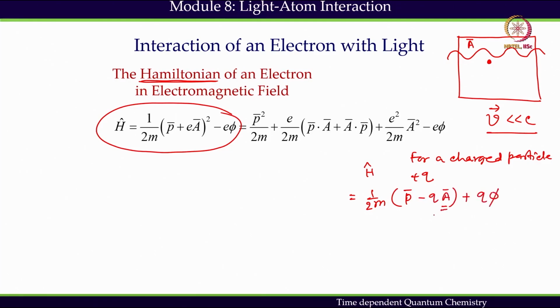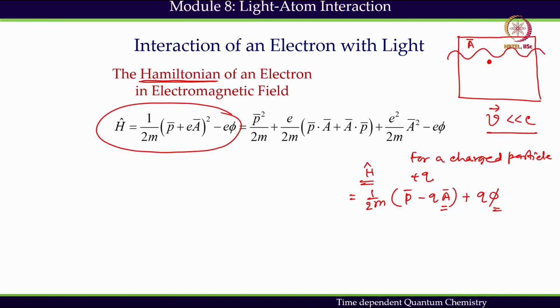In terms of vector and scalar potentials, one can represent the total Hamiltonian for the charged particle interacting with the light.